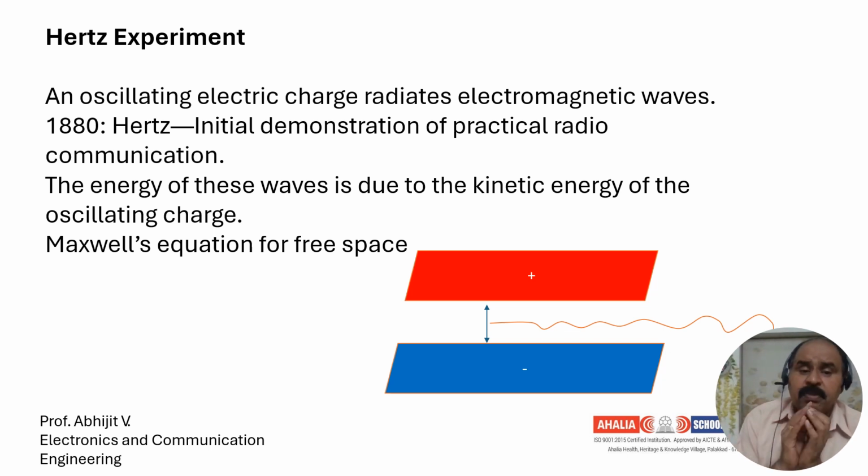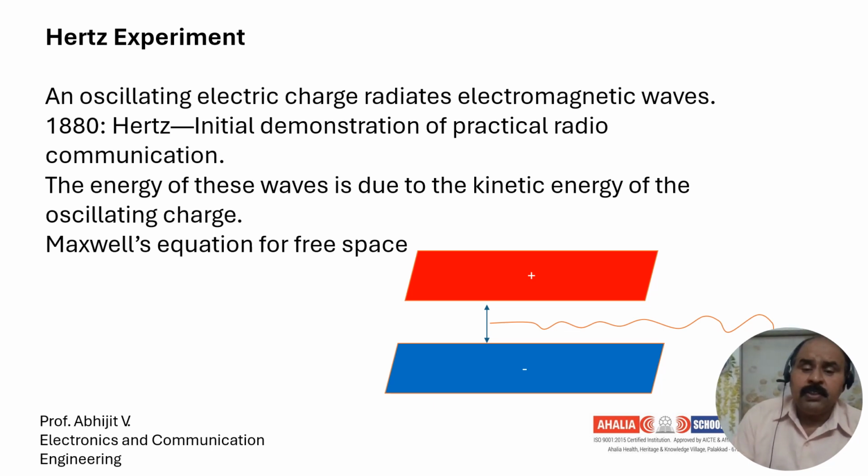The first experiment, which demonstrated that an oscillating electric charge could radiate electromagnetic waves. 1880, Hertz's initial demonstration of practical radio communication. The energy of these waves is due to the kinetic energy of the oscillating charge.